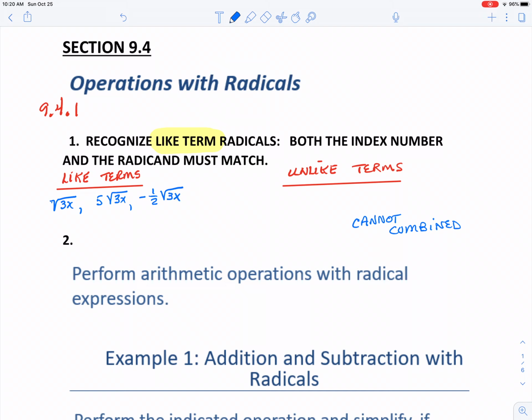What makes these like terms? It's probably pretty obvious. This radicand, remember, is the expression that's underneath the radical. You can see that the radicand in all three of these terms is the same. So the radicands have to match.